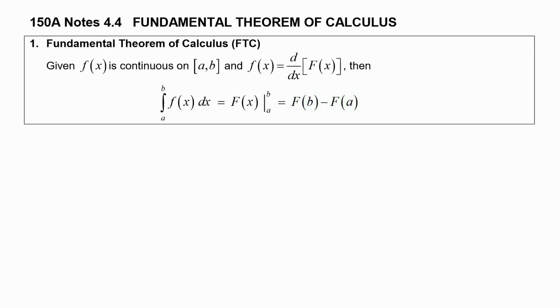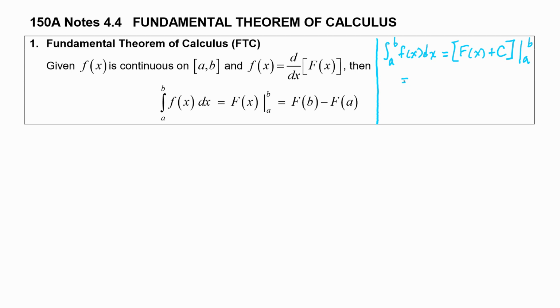Now, to help you understand why this works, let's do the integration here. Integral a to b of little f of x dx would equal capital F of x plus a constant. And then we have to evaluate that from a to b.